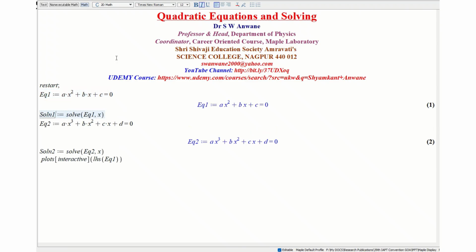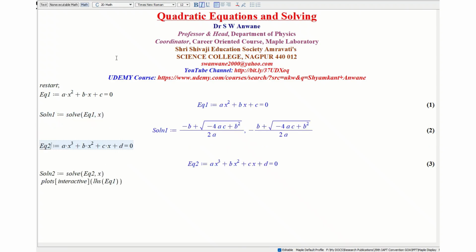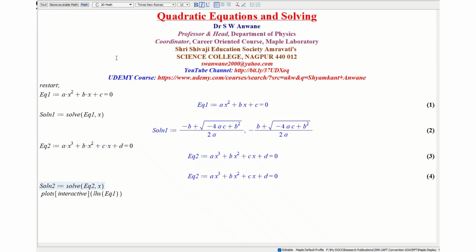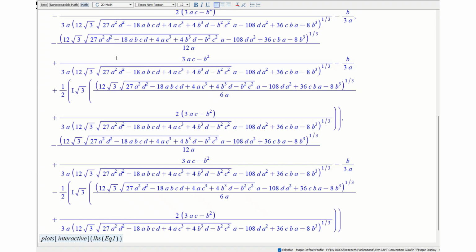Equation 1 is assigned as capital EQ1, assigned to ax square plus bx plus c, and we are asking it to solve the equation. It offers the standard solution, minus b plus minus under root b square minus 4ac upon 2a. And if we write a cubic equation, we can run it for the solution of the cubic equation.